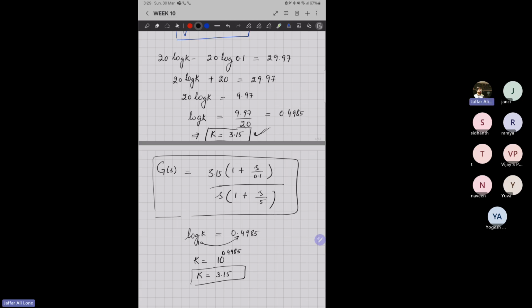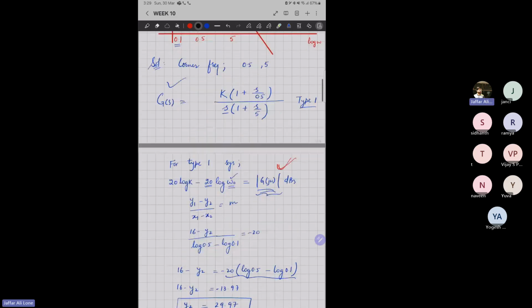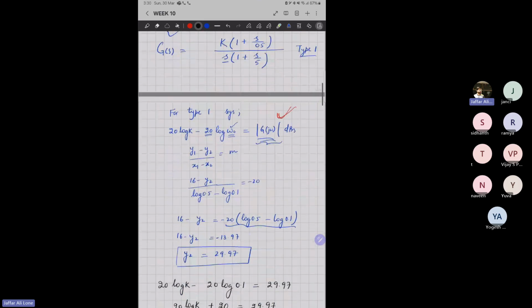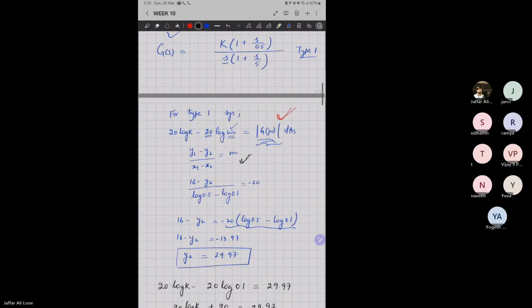You will have questions in your assignment where either these omegas are unknown or these magnitudes are unknown, but you will have adequate information to find them. Basically, you just have to make use of this slope formula: (y1 minus y2) over (x1 minus x2) is equal to slope.